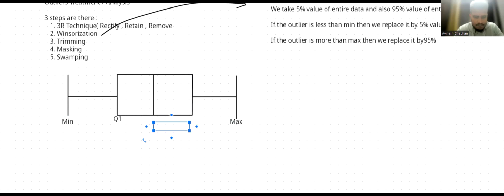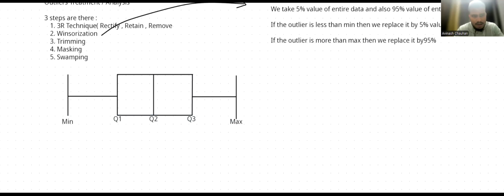This is Q2. This is Q3. So these are the values.